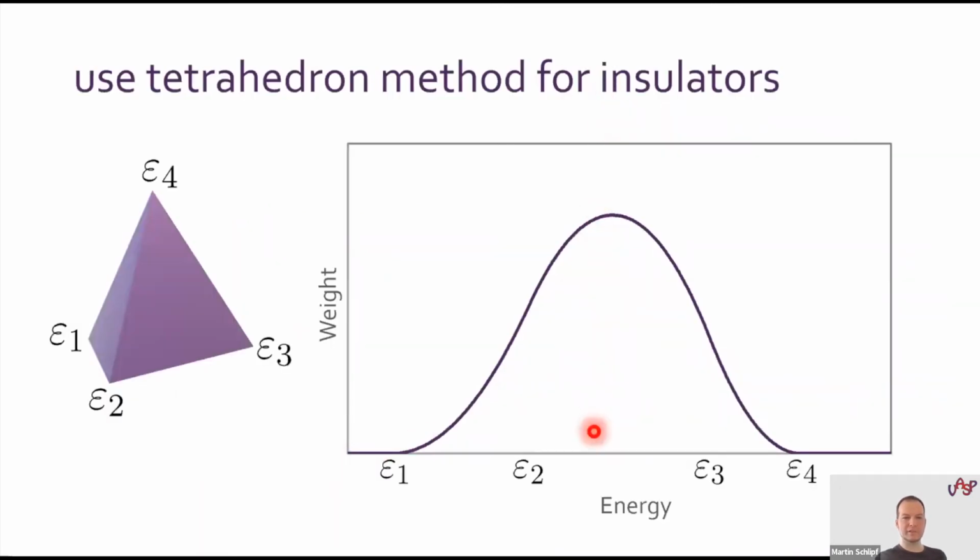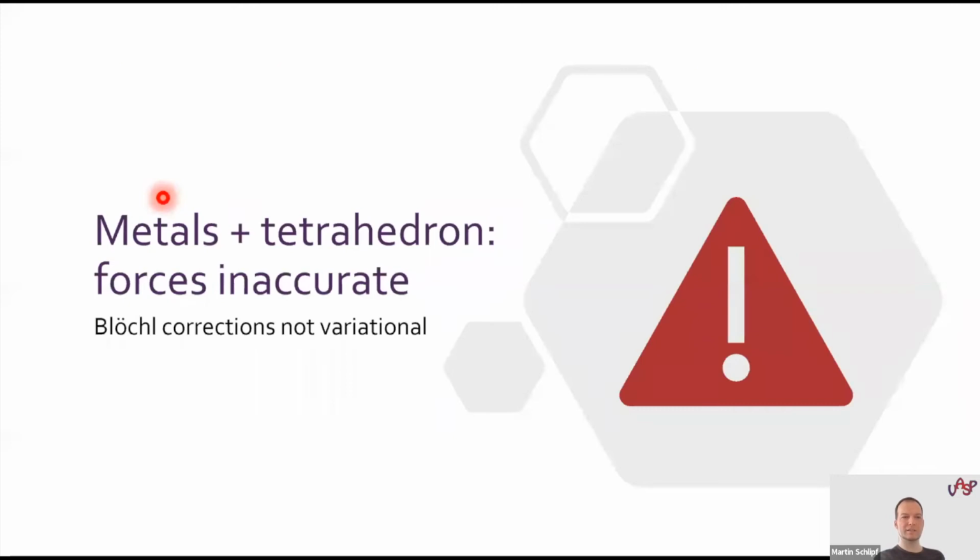But there's a disadvantage, and this comes if you not only want to consider the occupation of the whole tetrahedron, but want to focus in particular on the weights of the individual corners. If you apply the Blöchl corrections, which give you the most accurate occupations, then the derivatives of those are not variational.